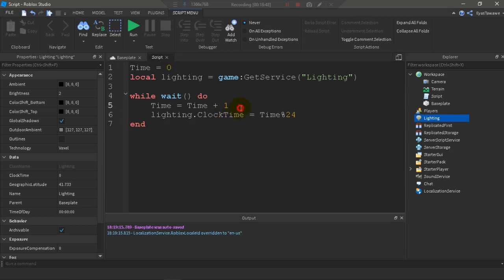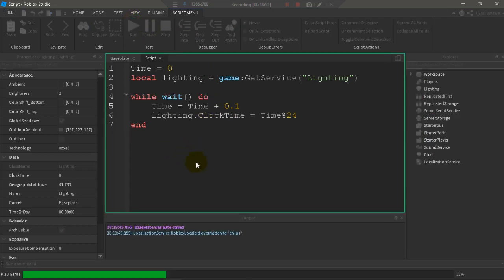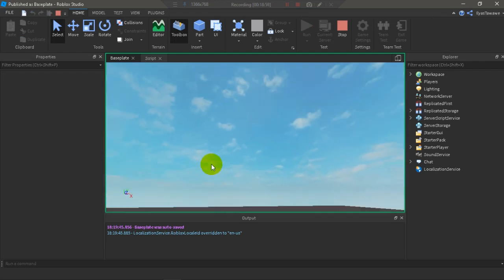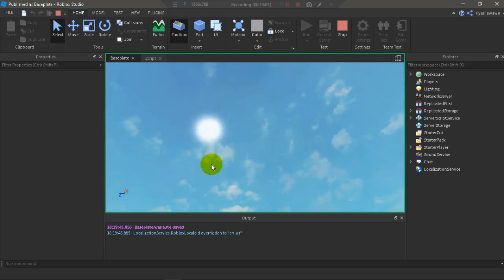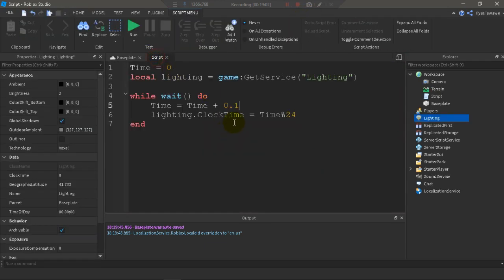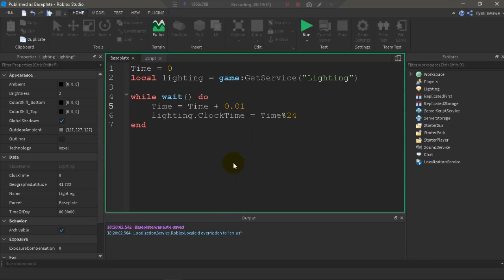Let's just wait a little bit. Let's do 0.1, and we're going to have some smooth transitions, I guess. As you see, cool. We can even make it more realistic and lower its speed down.